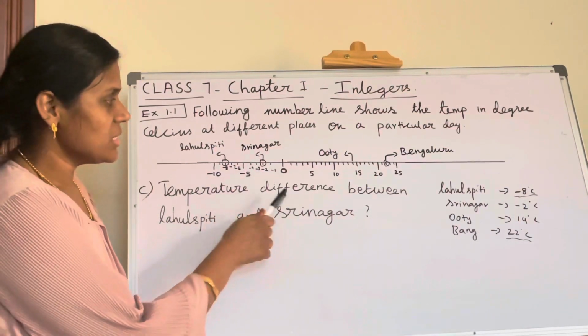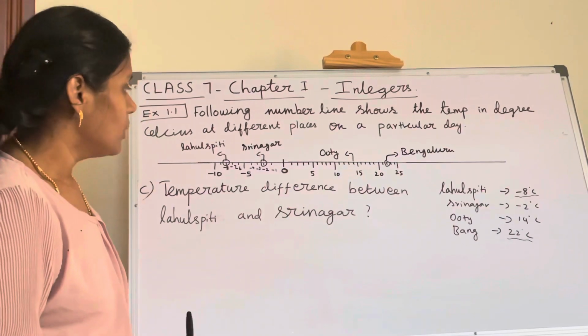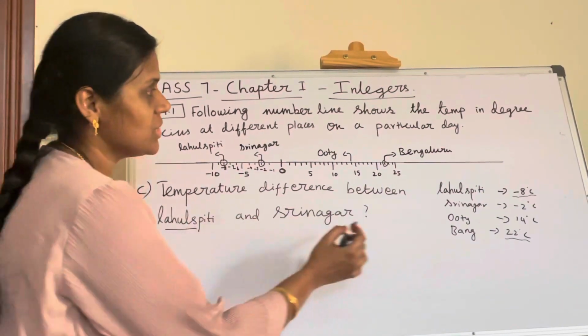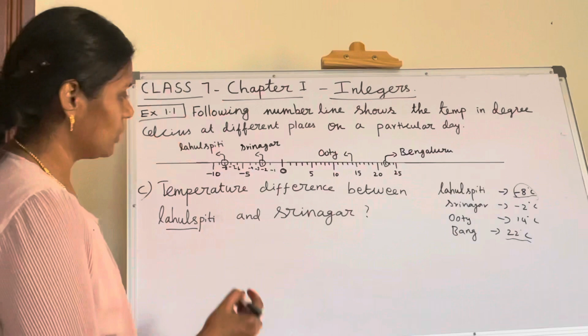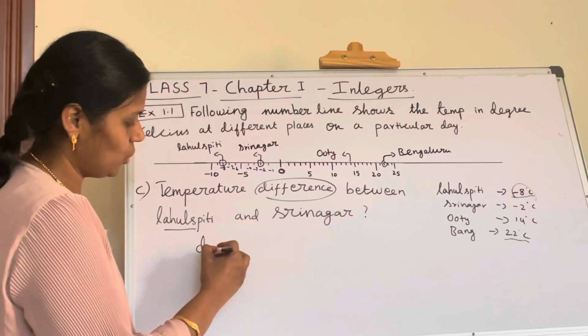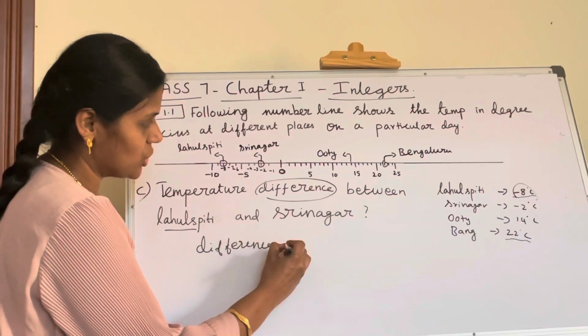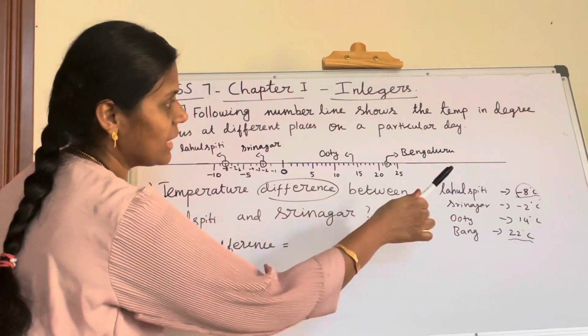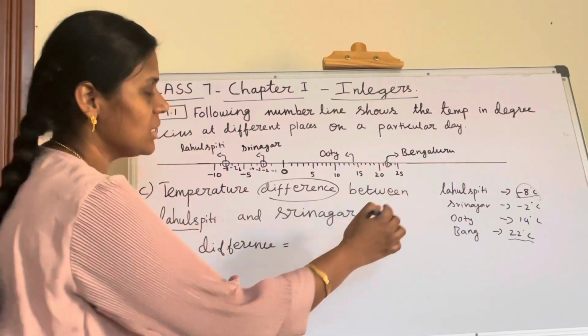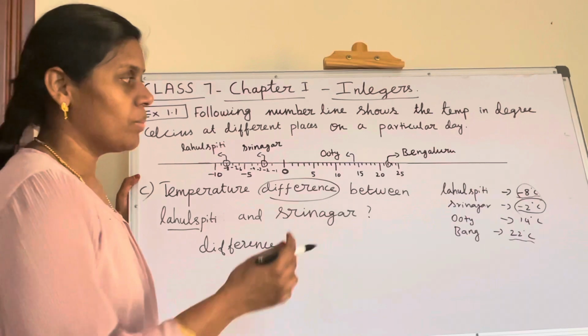What's the temperature difference between Lahaul Spiti and Srinagar? Okay, what's the temperature of Lahaul Spiti, children? -8. They are asking for the difference. So difference is equal to -8 degree, right? And Srinagar -2. So which is greater? -2.